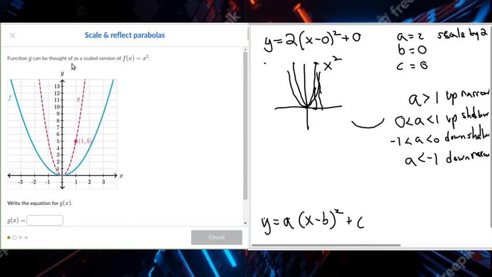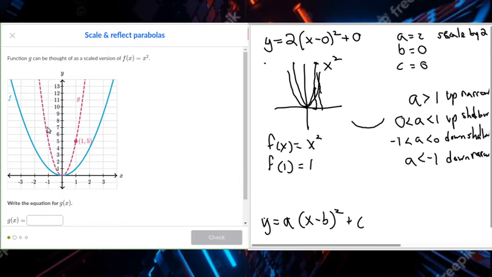Okay, function g can be thought of as a scaled version of f of x equals x squared. Write the equation for g of x. So we can see that f of x is equal to x squared, and I know that f of 1 is equal to 1. 1 squared is equal to 1.